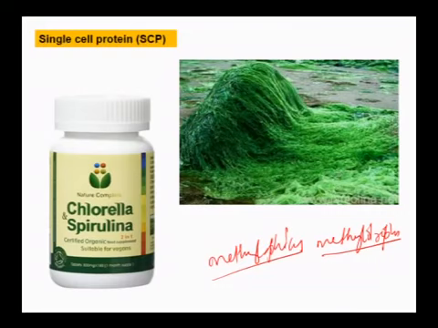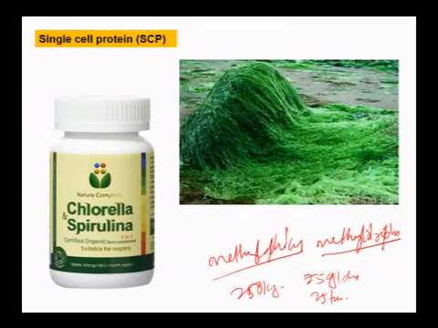There is a comparison: a cattle of 250 kg produces 25 grams of protein per day. The same Methylophilus methylotrophus bacteria can produce 25 tons of biomass per day when grown under controlled conditions.